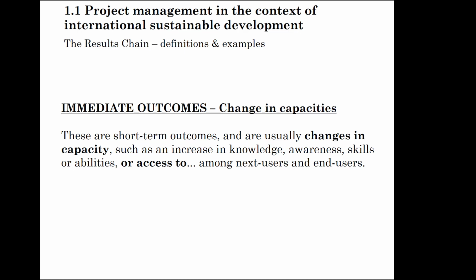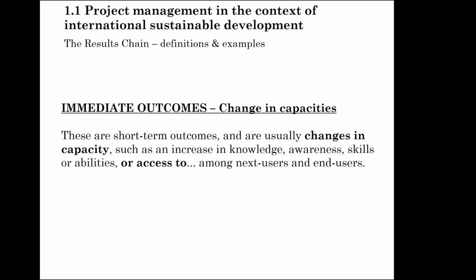Another immediate outcome could be the improved access to equipment and infrastructure by extension officers in some region X. This will allow the extension officers to be in the position of training the farmers.